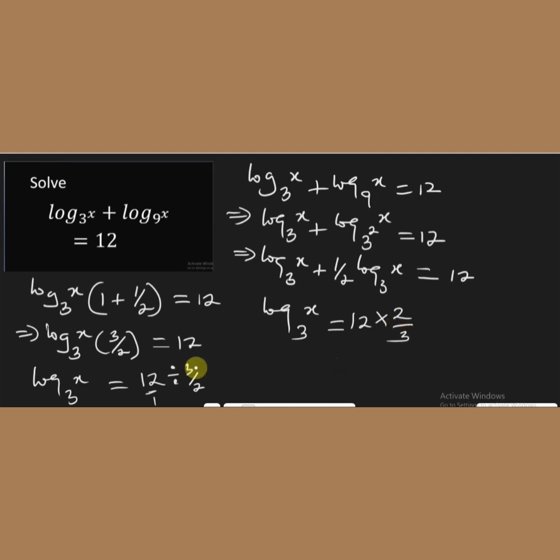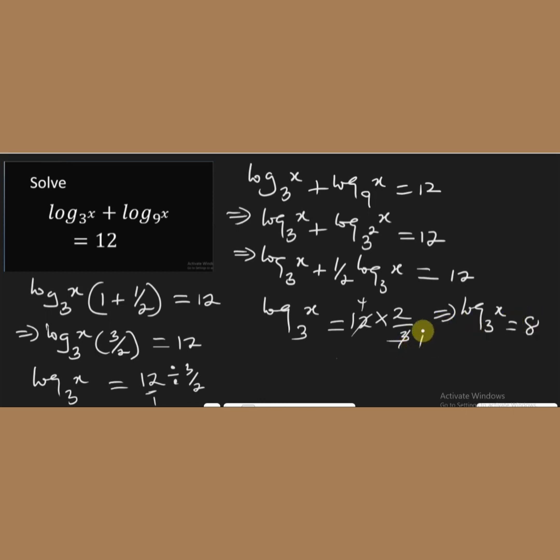You can see how this thing changed. Now I can simplify. You can see 3 cancels 12 to give 4. That's 12 divided by 3, which is going to give me 4. Okay, 4 times 2 is 8. So I now have log 3 raised to the power of x is equal to 8.